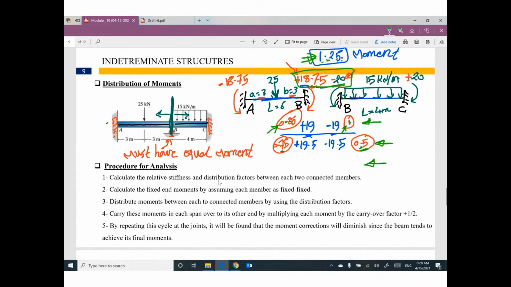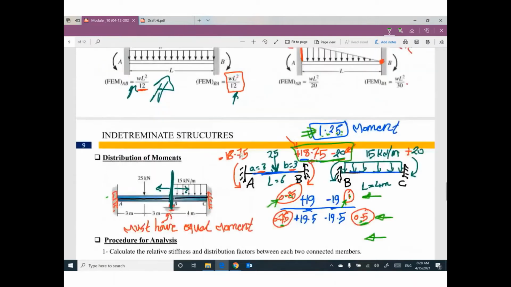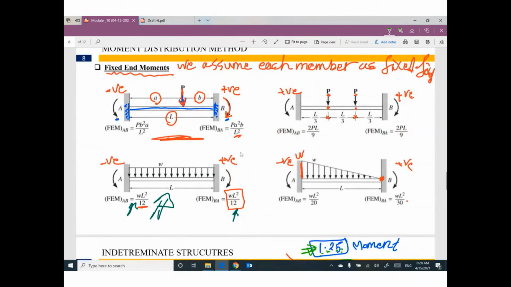So the idea is, I will assume each member as fixed, and I will get this moment, and I will get this moment. My target right now, I would like to make sure both of them are equal.